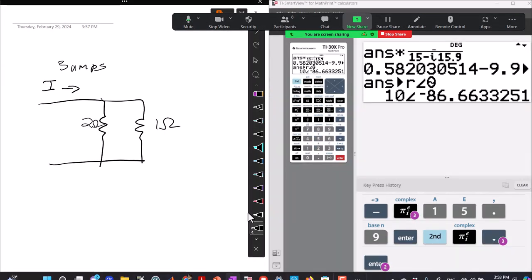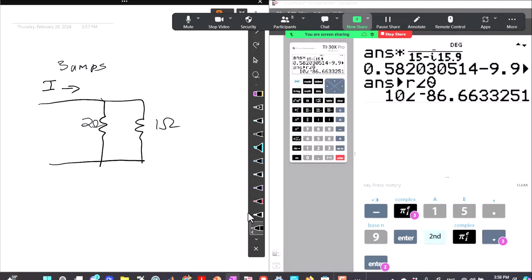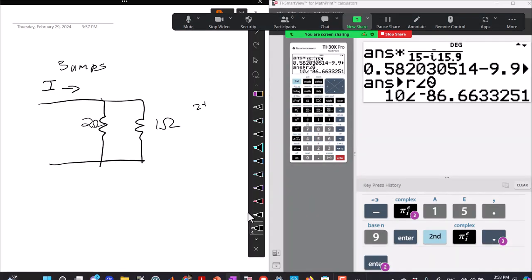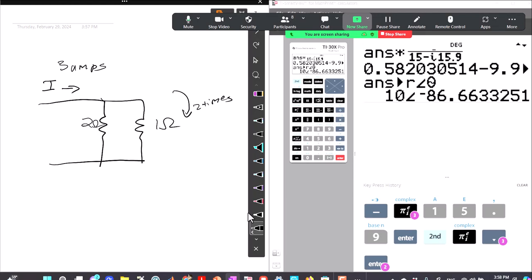And we know that Ohm's law tells us that the voltage and the current are proportional, and the proportionality constant is the resistance. And so we know that 2 times the current should go through the 1 ohm resistor compared to what goes through the 2 ohm resistor.